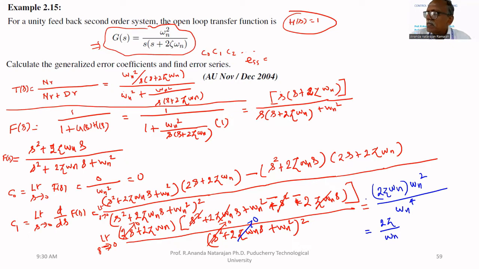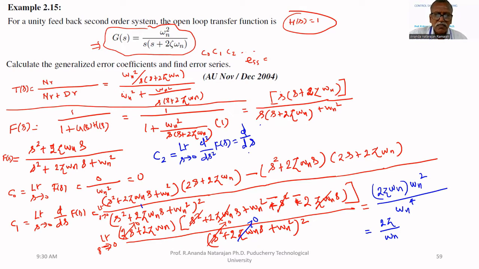At least 3 terms we have to find. So let us find C2. C2 equals limit s tends to 0 of d square upon ds square of F of s. That is equal to d by ds of this.